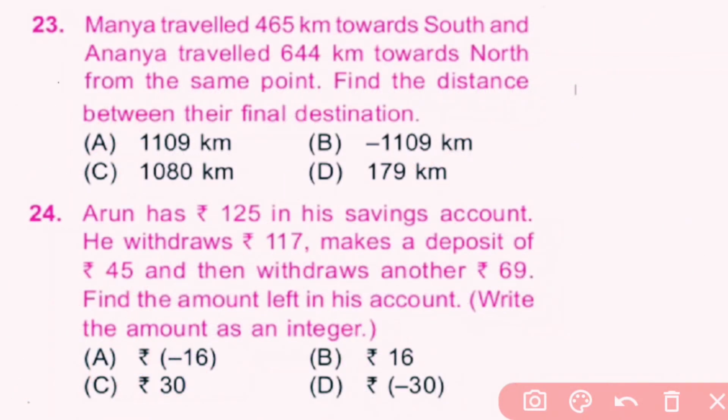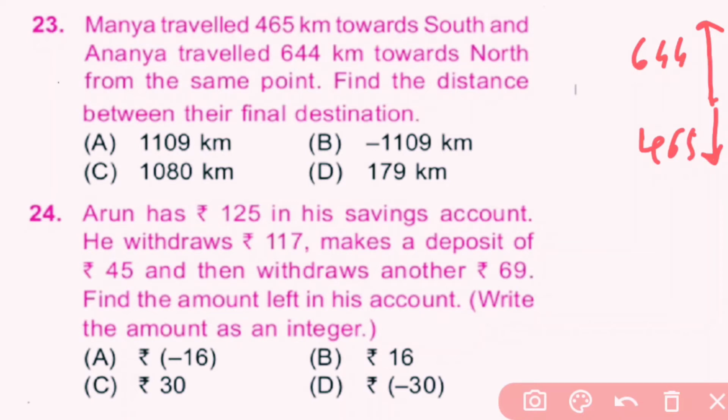Question number 23. Manya travelled 465 km towards south and Ananya travelled 644 km towards north from the same point. Find the distance between their final destinations. Both start from this point. Towards north, Ananya travels 644 and towards south, Manya travels 465.